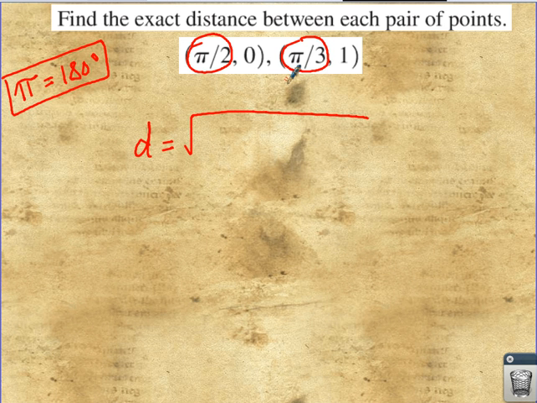Smaller one, anybody? 6. But 30 would work. You can use 6. So let's multiply here to get a 6, multiply top and bottom by 2. Here, multiply top and bottom by 3. Here you have 2 pi over 6 minus 3 pi over 6, which gives you negative 1 pi over 6. Ugly, right? x2 minus x1 squared plus, here we go, 1 minus 0.